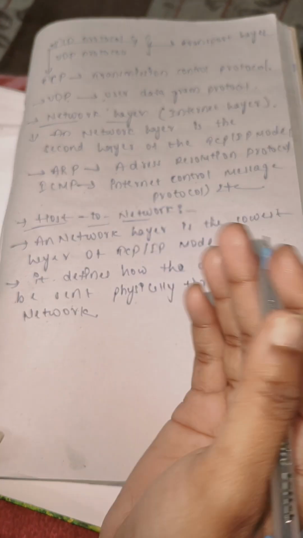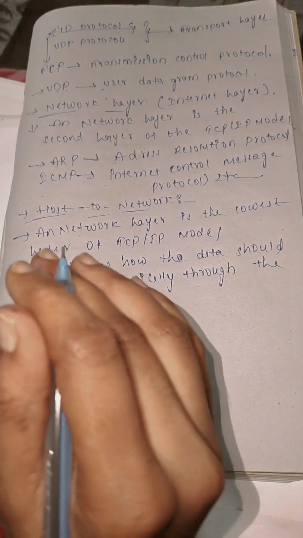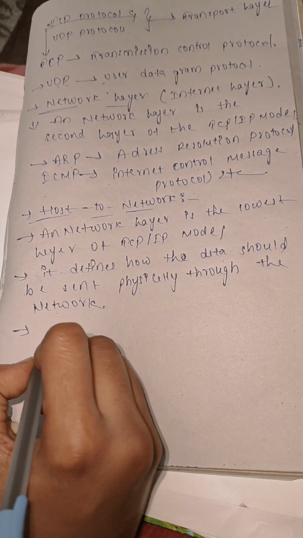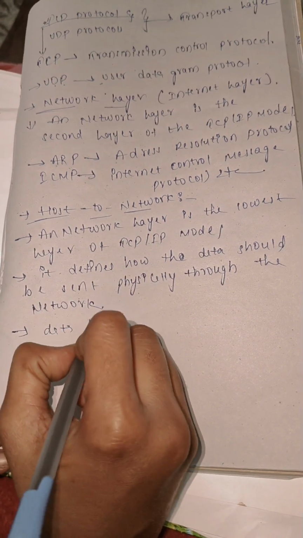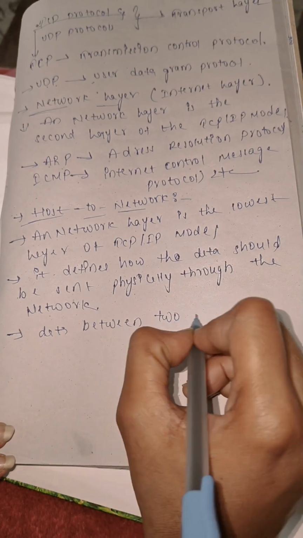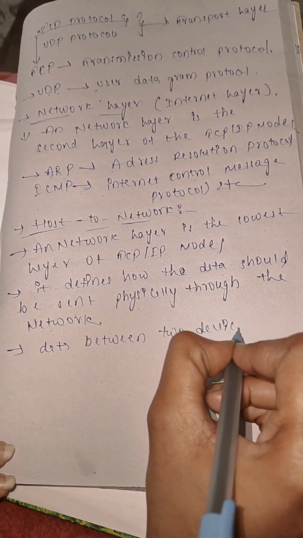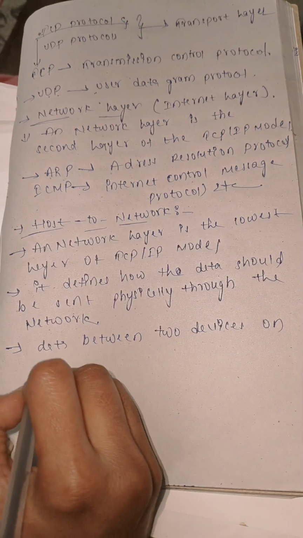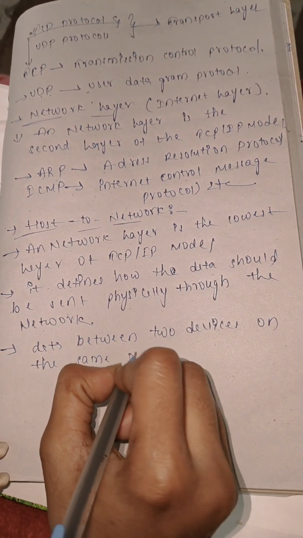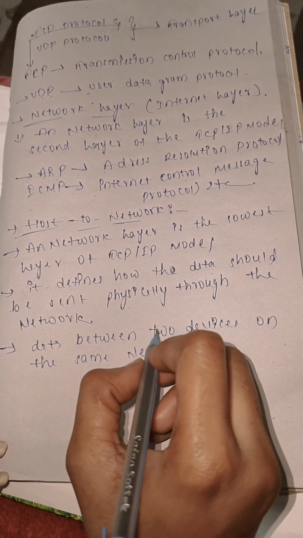This layer is mainly responsible for the transmission of the data between two devices on the same network. It means data between two devices on the same network. It is known as host to network.